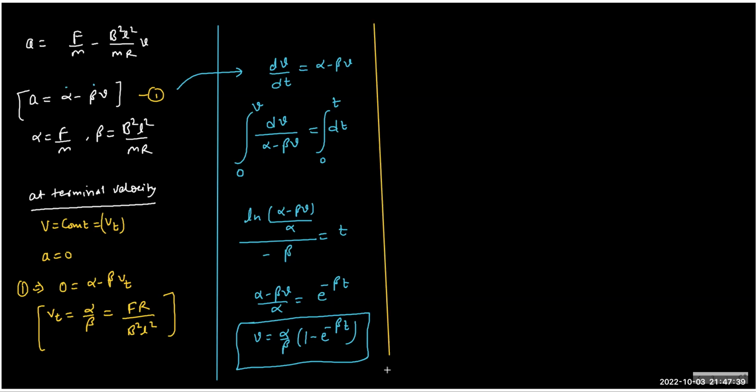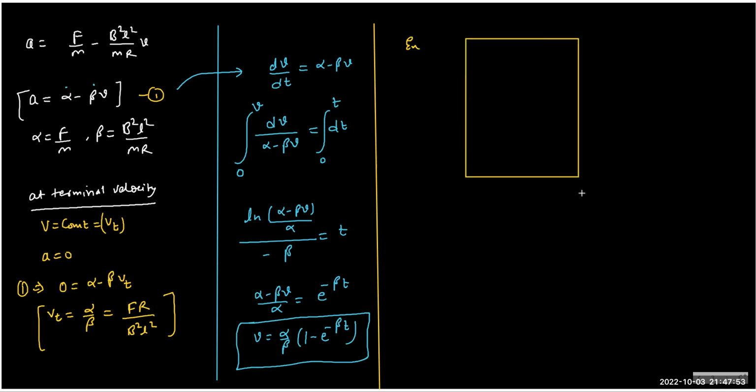Now this question can come in various forms. Instead of applying a force, what if we have a vertical R circuit? So it is no longer horizontal, it is vertical, and then gravity acts.